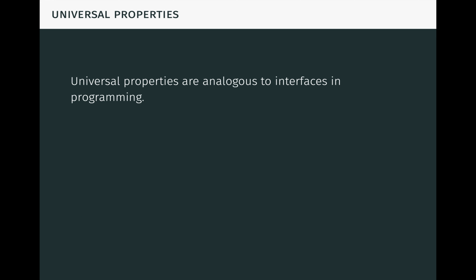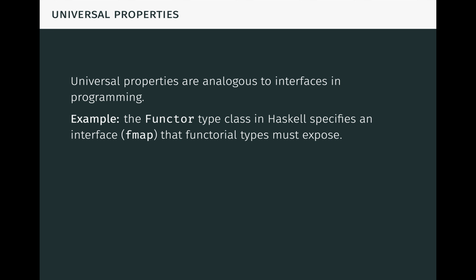Universal properties are analogous in some ways to interfaces in computer programming. For example, in the previous video we saw that the functor type class in Haskell specifies an interface, namely fmap, that functorial types must expose, but it doesn't specify any implementation details.